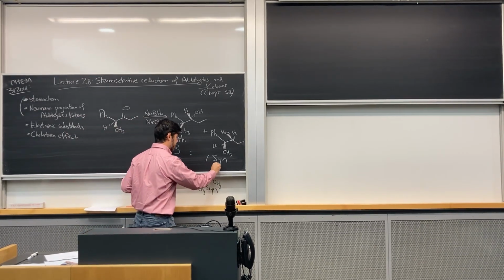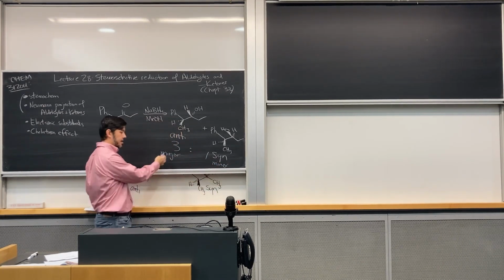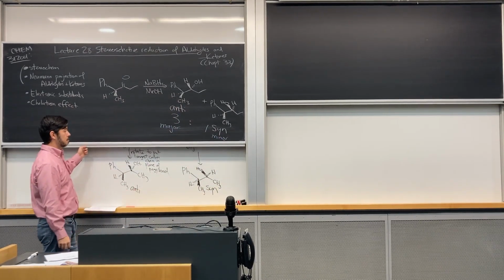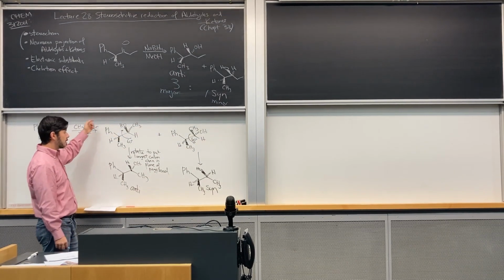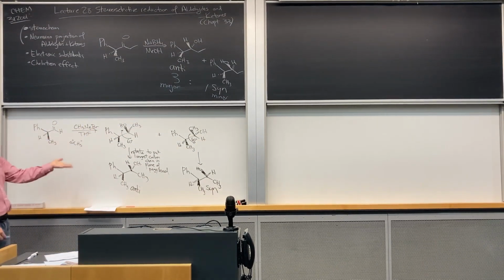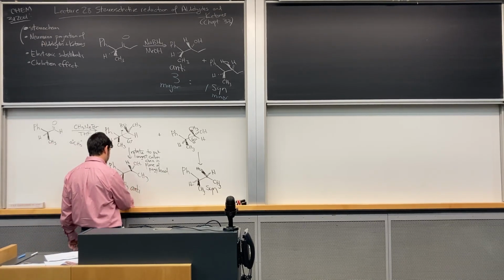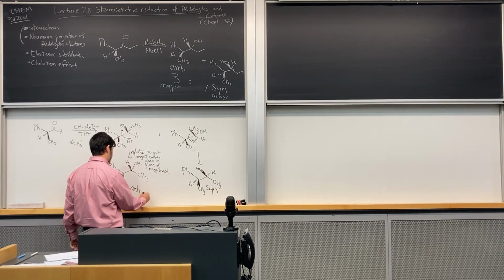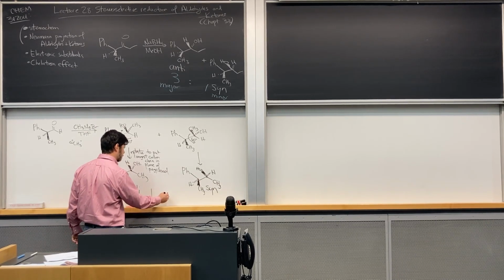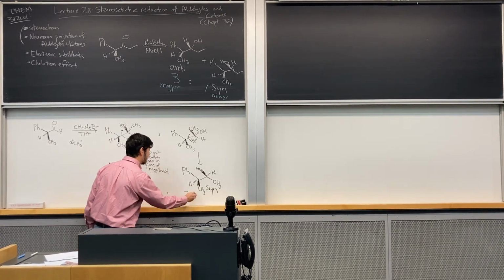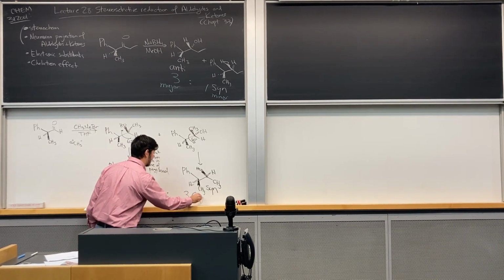Okay, so the anti is major, the syn is minor. In contrast, during this reaction here, we actually get the anti as our minor product in a ratio of 1 to 3. So the syn product is the major product.